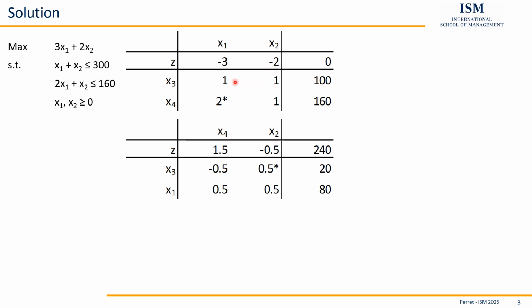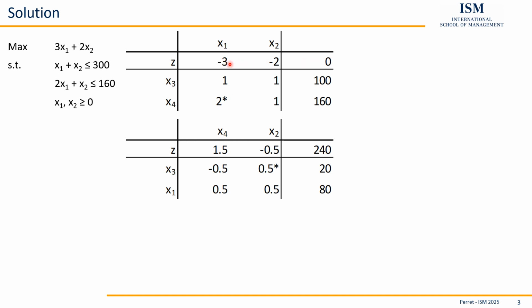So here I'm going to work with this rectangle. 1 minus 1 times 1 by 2. So 1 minus 1/2. Here I have this rectangle. So 0 minus -3 times 160 divided by 2. Minus minus again give plus.